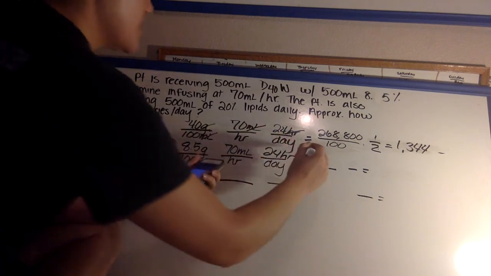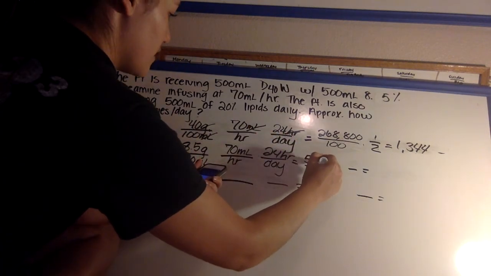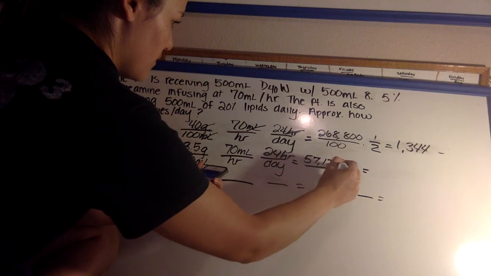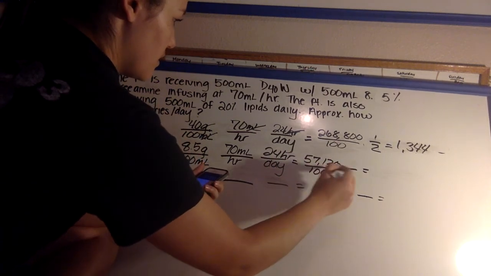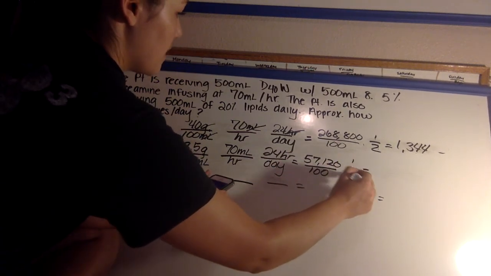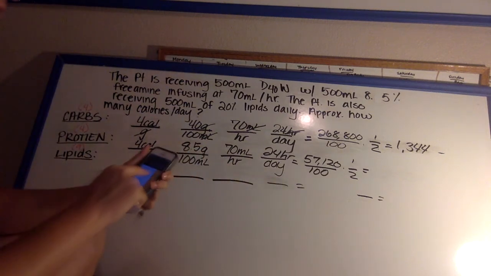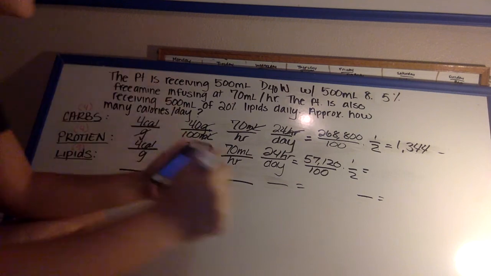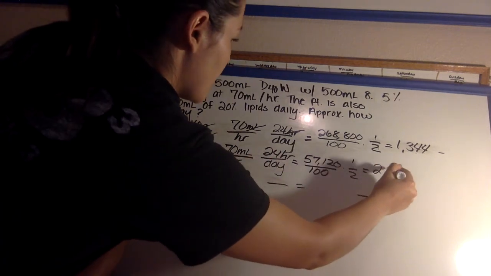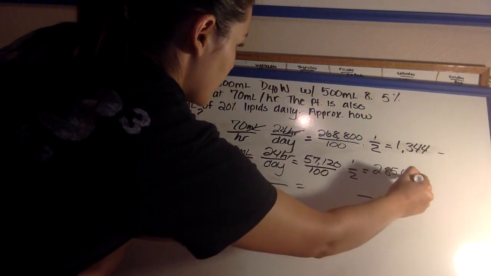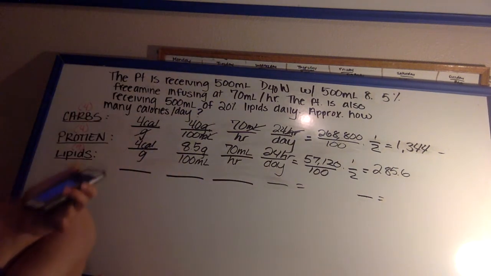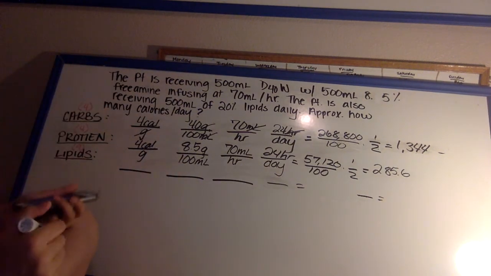Okay, so 57,120 over 100. Remember, we want to multiply this by half. So really, we're going to be dividing that by 200, which equals 285.6. Okay, hopefully you're keeping up so far.